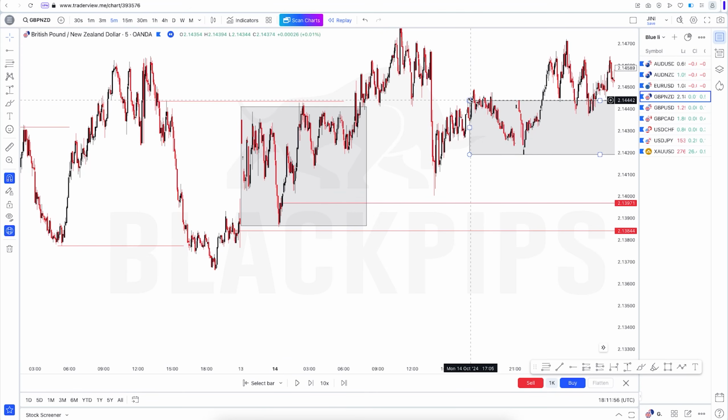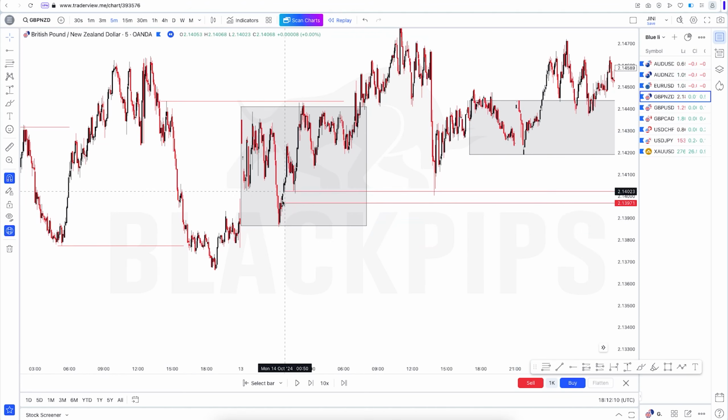So instead of taking this as my inside formation, I would take this one as my entry, because I know the deviation will occur and we don't have any liquidity down here. This is the remaining liquidity that the market didn't take.